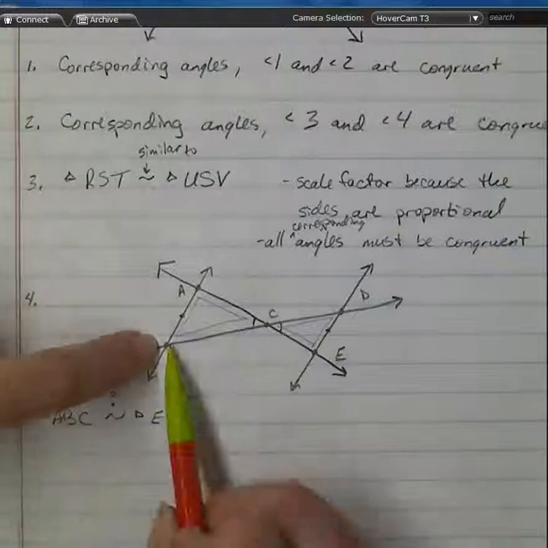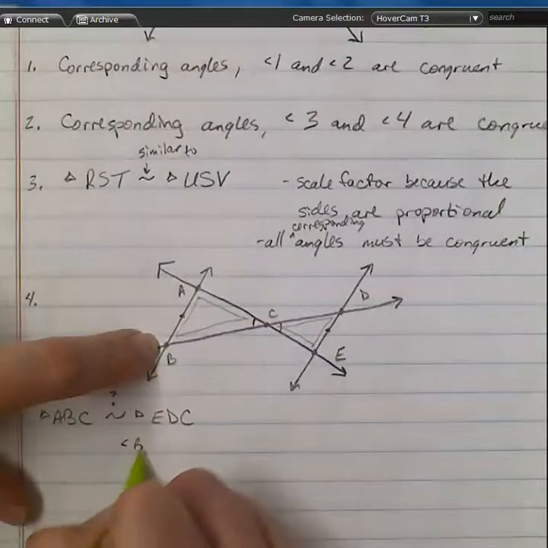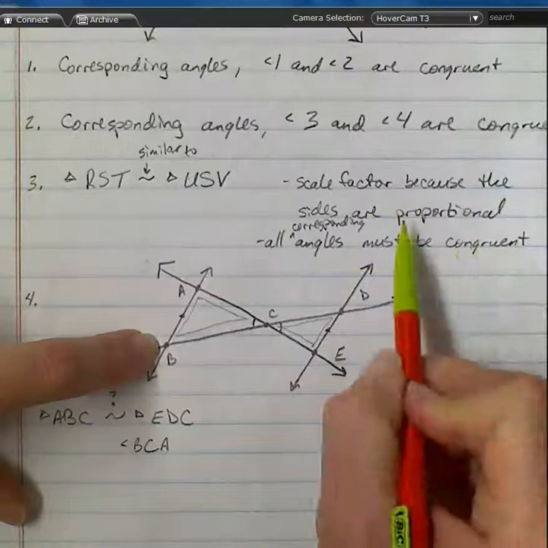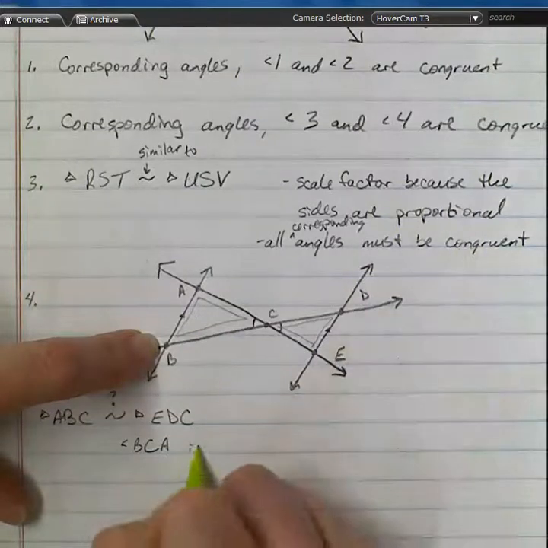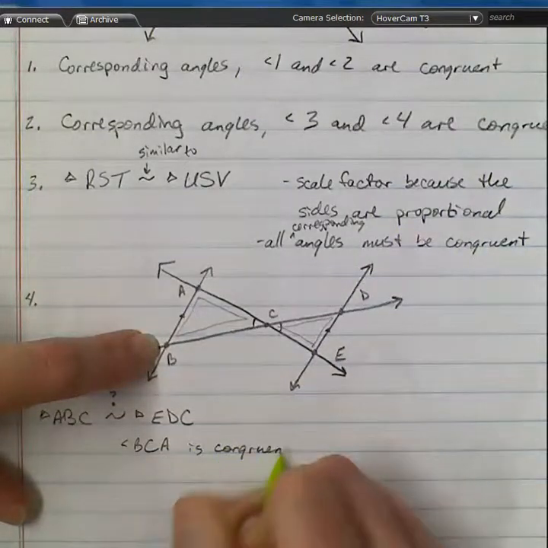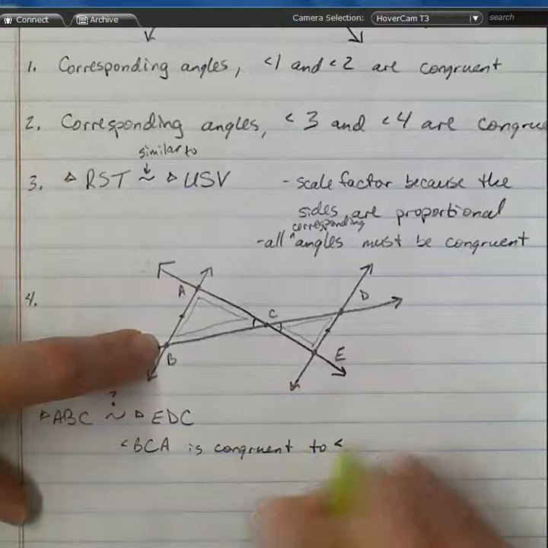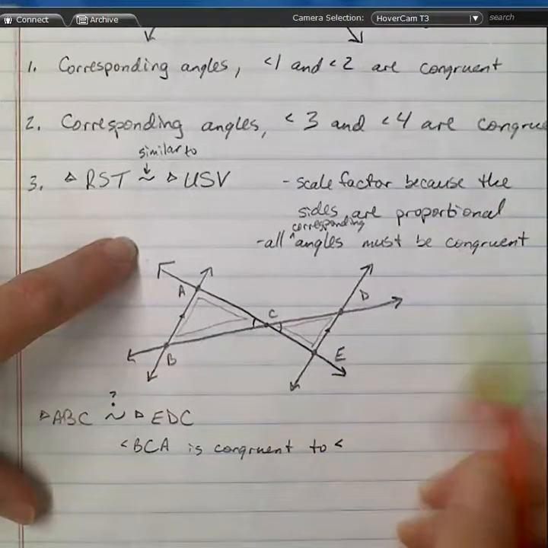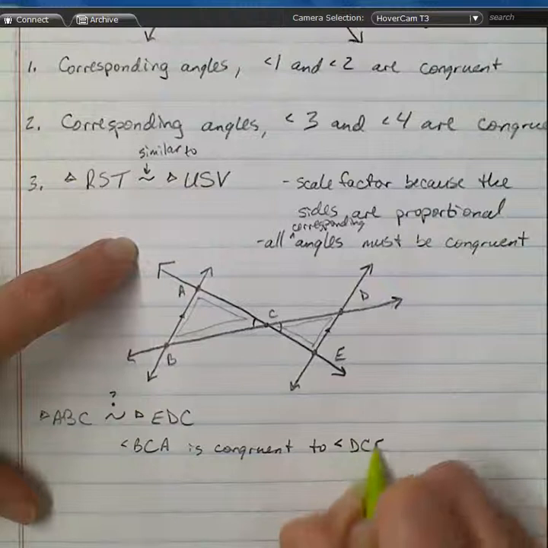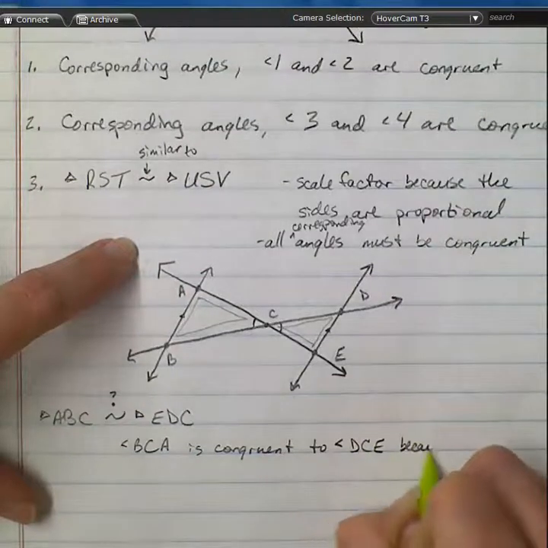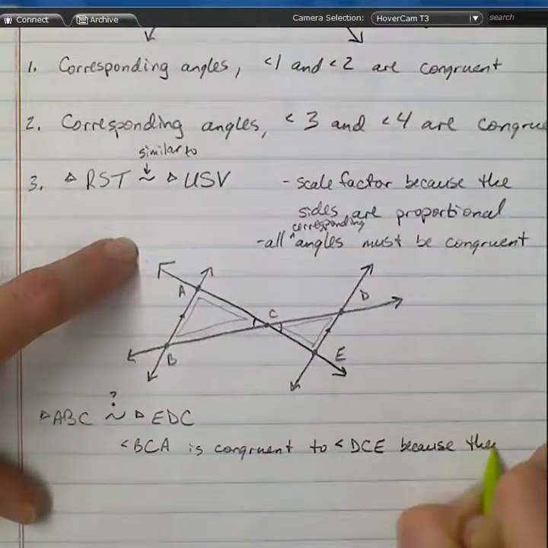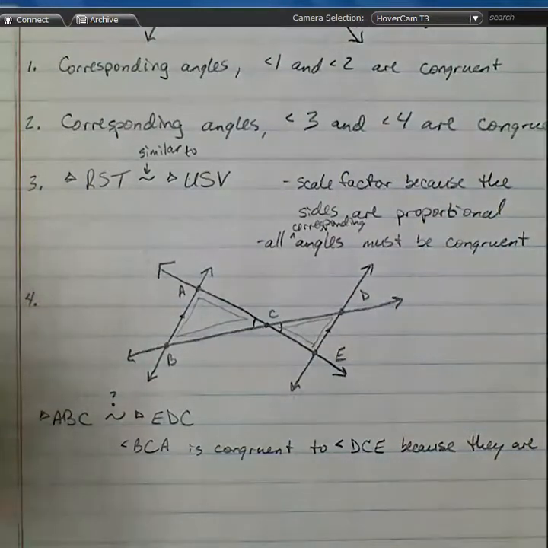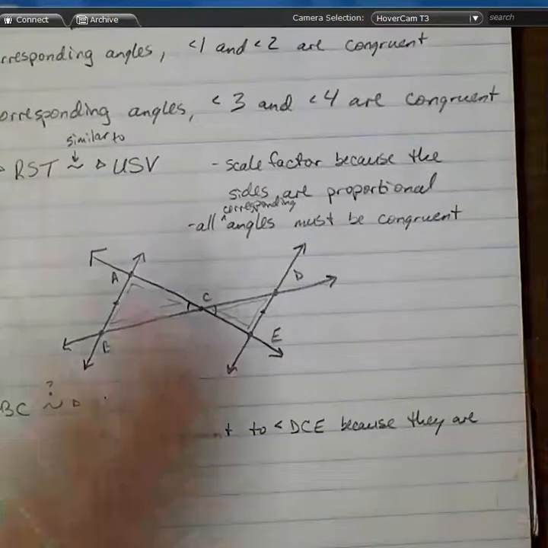So, angle BCA is congruent to angle DCE because why? They are what kind of angles? Vertical. Because they are vertical angles.